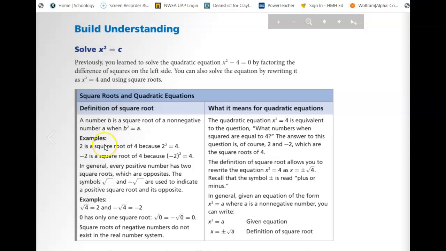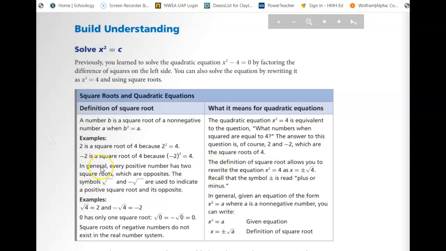Okay? And here's their example. Positive 2 is a square root of 4 because when you square positive 2, you get 4. Negative 2 is also a square root of 4 because negative 2 squared is also 4.